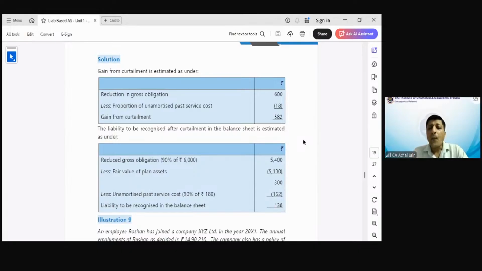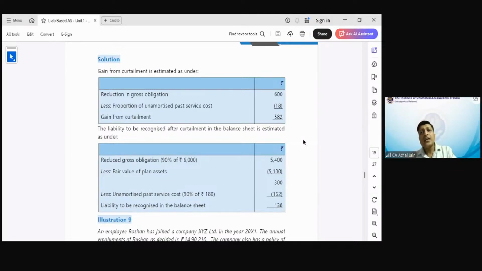Now, the question arises, what is this unamortized past service cost? You can say a liability has been recorded and, corresponding to this liability, expense was not debited. So what did you do? You recorded prepaid expense. In such a case, against the liability, you will have an asset.